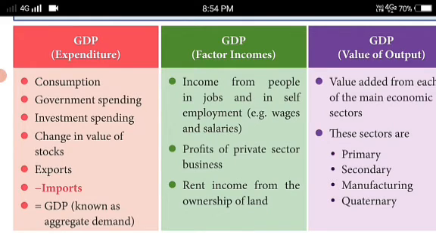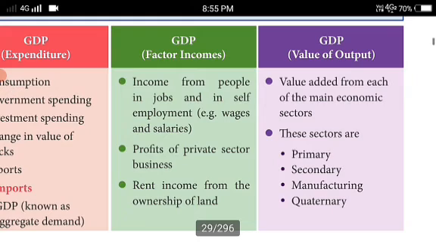Like that, factor incomes. What are the factor incomes in national income? Income from people in jobs and in self-employment, for example wages and salaries; profits of private sector business; rent income from the ownership of land. These all come under factor income. Like that, value of output. What is the value of output?